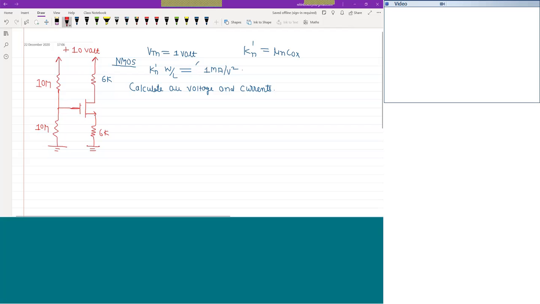You can say Ig is equivalent to 0. क्या Ig का वैल्यू कितना होगा? Ig is equivalent to 0.